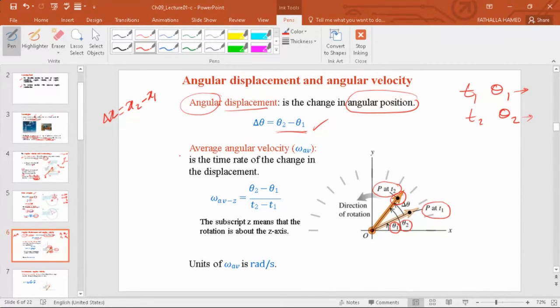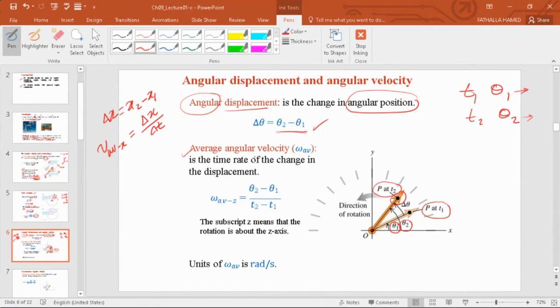Now, we're going to define something that we're going to call average angular velocity. If you recall, in chapter number 2, we said v_avg,x, along the x-axis, should equal delta x by delta t.